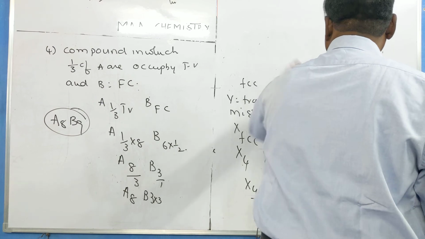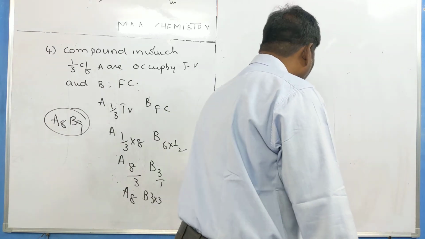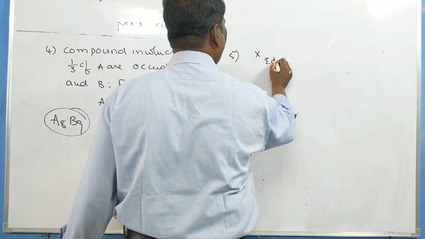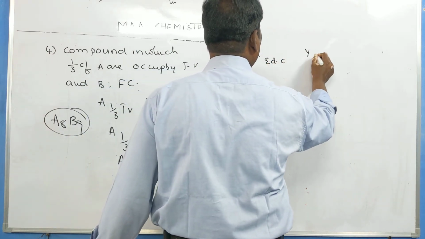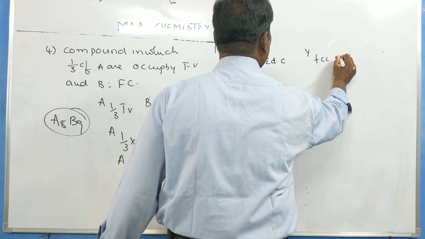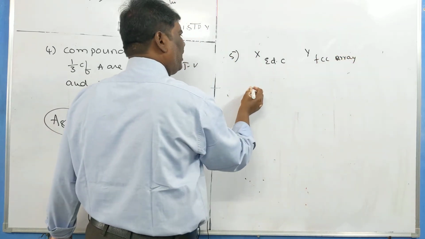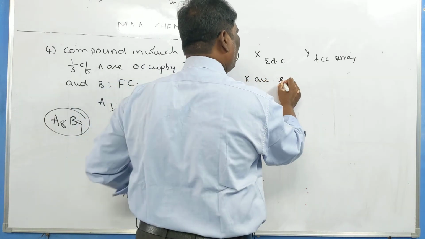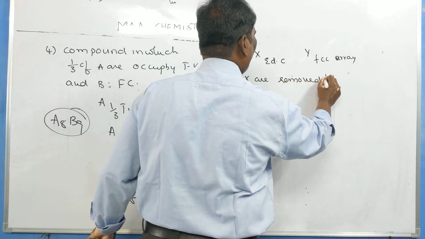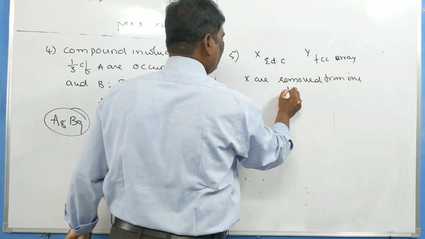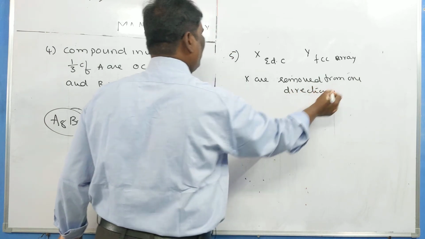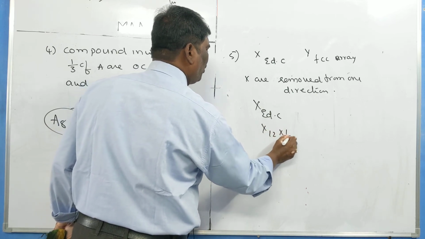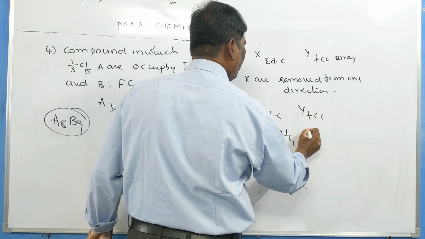One more problem: let us suppose in a compound X occupies edge center, whereas Y occupies FCC arrangement. Here X are removed from one direction. Then what is the formula? Actually edge center means we write 12 into 1/4. Here Y FCC means we take 4.